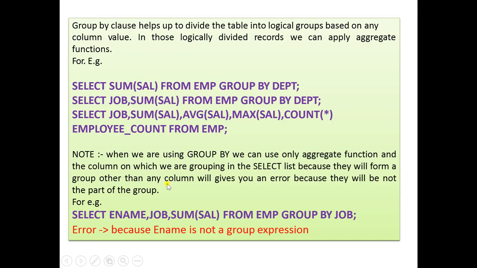Now see the note: when we are using group by, we can use only aggregate functions and the column on which we are grouping in the select list, because they form a group. Any other column will give you an error because it will not be part of the group. So when you apply this, ename is not a group expression, that's why it will give you an error.